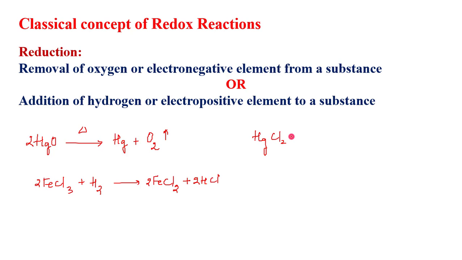Okay. Say if you take mercuric chloride treated with stannous chloride, you will be getting mercurous chloride plus stannic chloride.